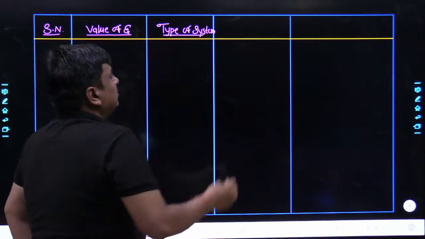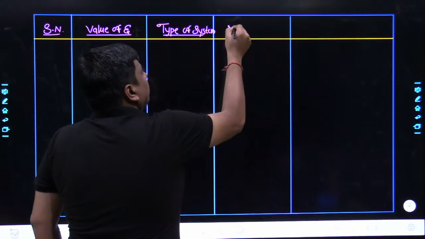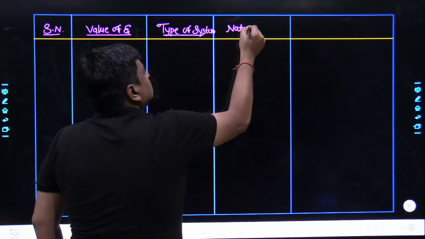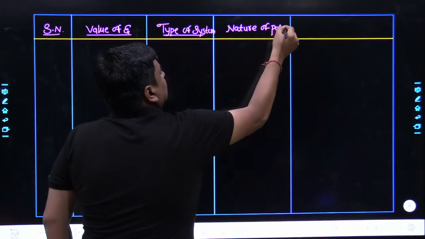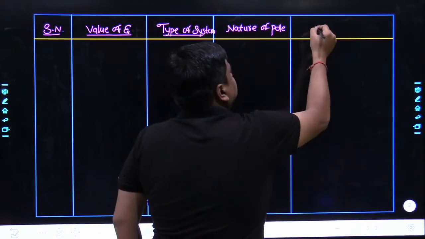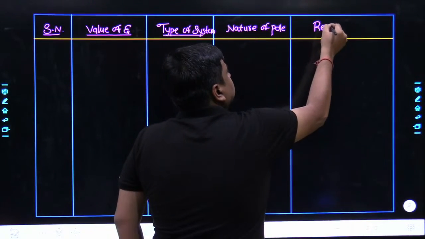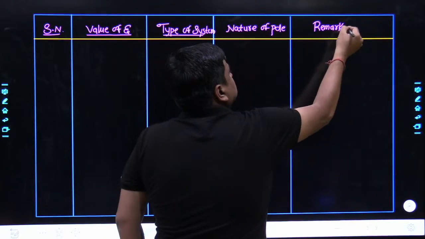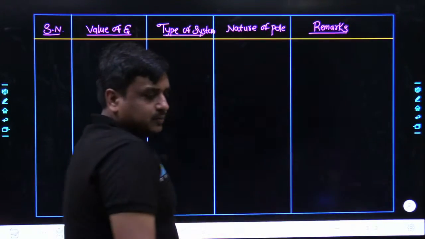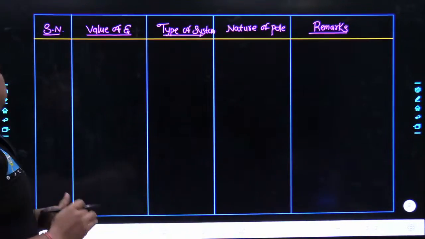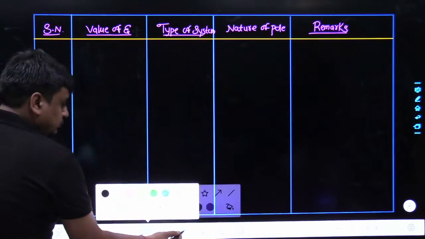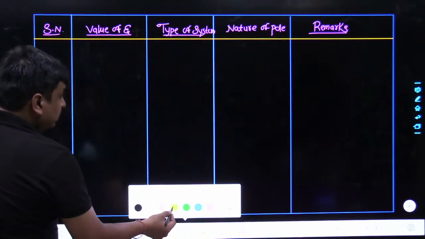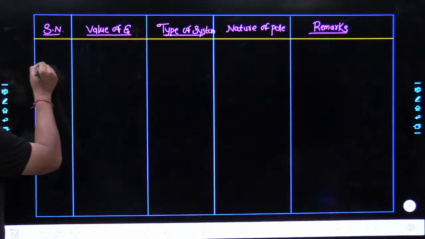The next column is dedicated to the nature of the poles. And the last column is dedicated to the remarks. Yes. So let me start with the first one. For that also, let me take a few more rows.